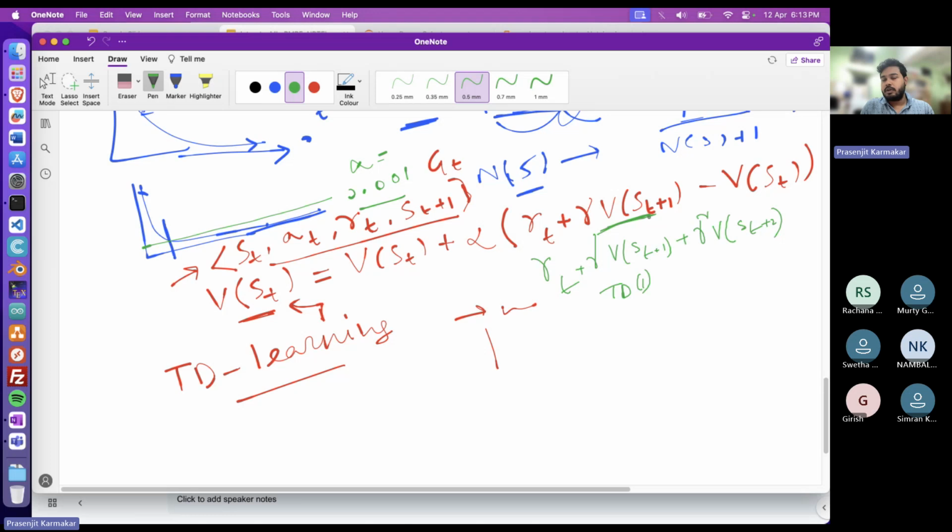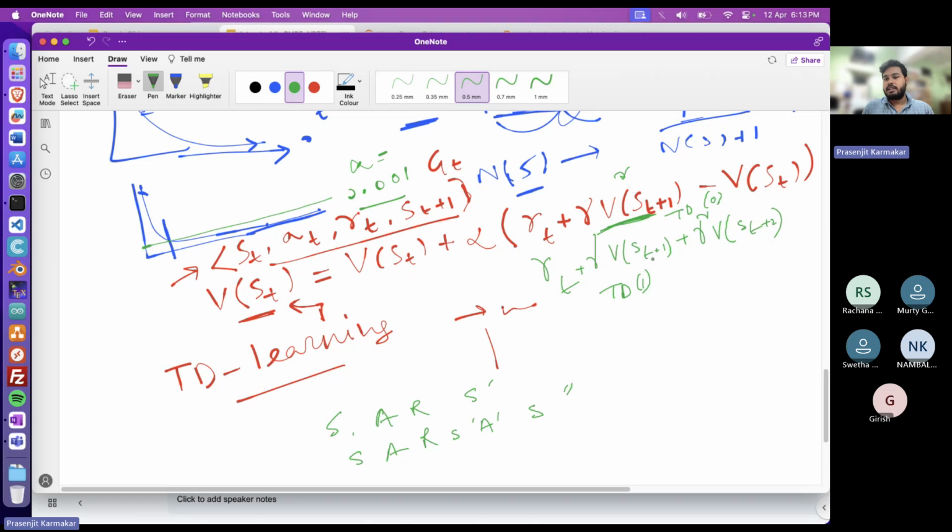So this variant, what we used yesterday, is called TD0. That means we are only looking at the immediate future state. For TD0, we have to take S, A, R, S prime, then we can update, right? But for TD1, we have to take S, A, R, S prime, A prime, S double prime, right?